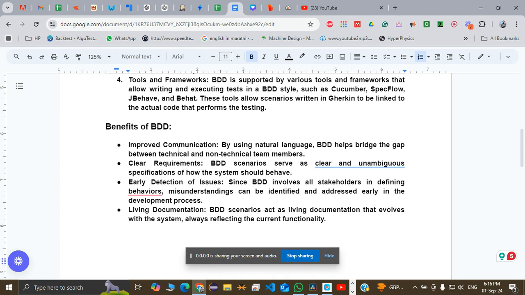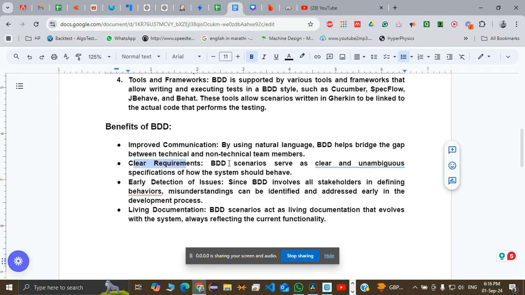Okay, so the benefits of BDD, behavior driven development. First, improved communication. With the help of BDD, it minimizes the gap between the developer, tester, and the stakeholders.